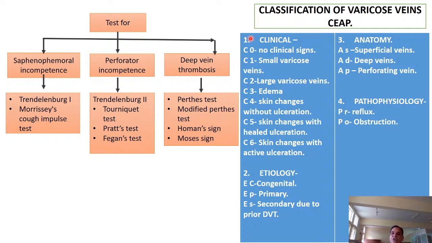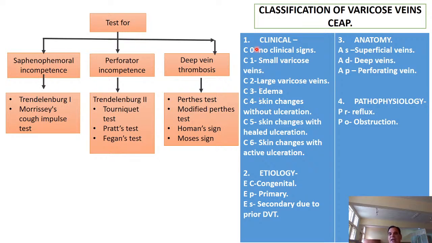Clinically, what? C0, no clinical sign. C1, small varicosity. C2, large varicosity. C3, edema. C4, skin changes without ulceration. We are going step by step. With healed ulceration, C5. And skin changes with active ulceration goes to C6.